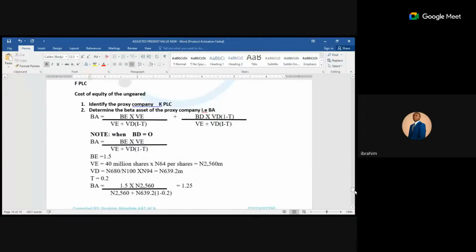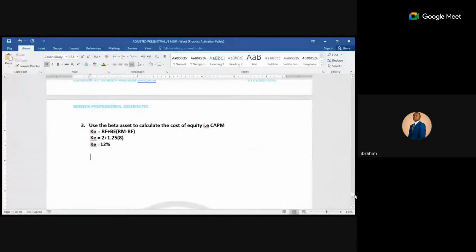We can move to the computation of the base case NPV. Determination of base case net present value.